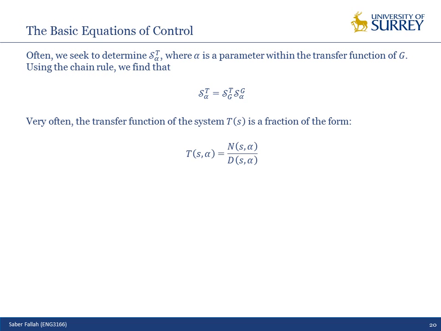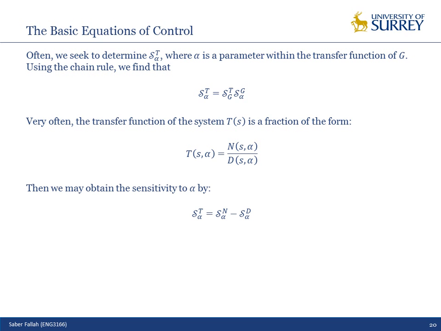In practice, the transfer function is a ratio of the numerator polynomial over the denominator polynomial, which are both functions of variable s and parameter alpha. If I define the loop transfer function as this ratio, in a simpler way, I can define it.